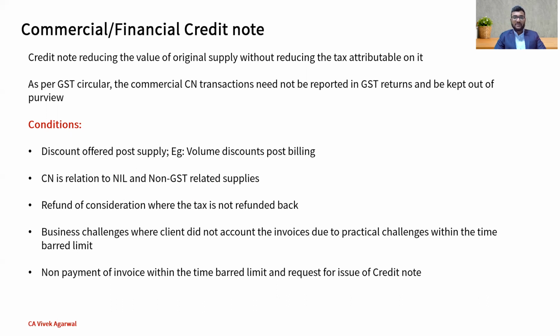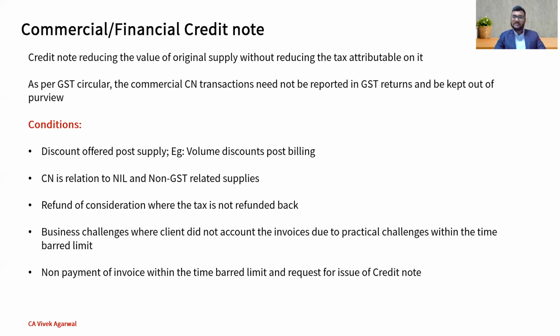Now, there can be business challenges where a client did not account the invoices within the time barred limit due to practical challenges. So suppose I have issued an invoice to my client on 30th March 2020 for which the time barring limit is 30th September 2020.